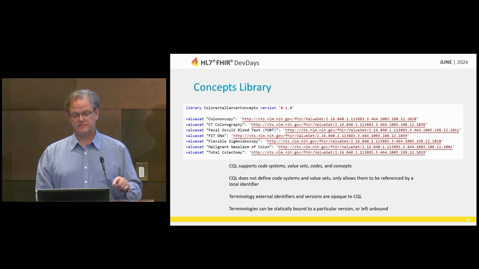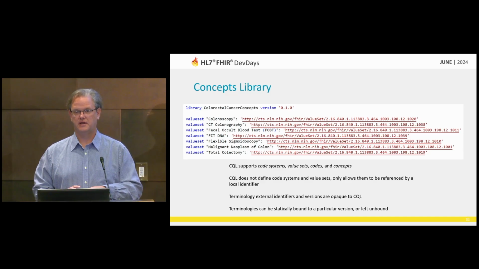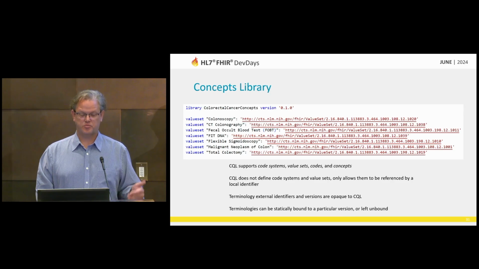If you look at the colorectal cancer concepts IG, it has a specific library dedicated to just declaring and supporting the concepts that are used. That way we keep the concepts that we need in our logic and the declarations associated with that separate from the logic. CQL supports code systems, value sets, codes, and concepts.